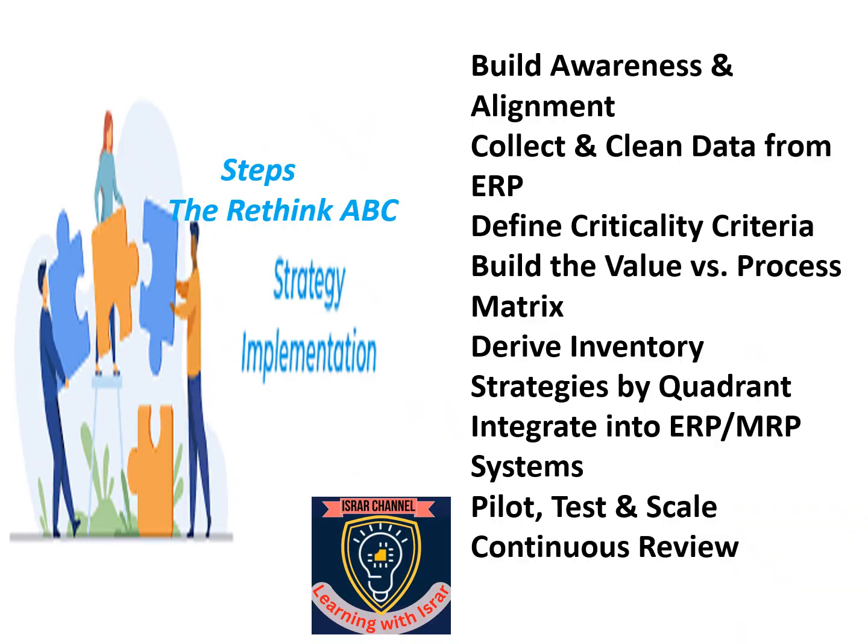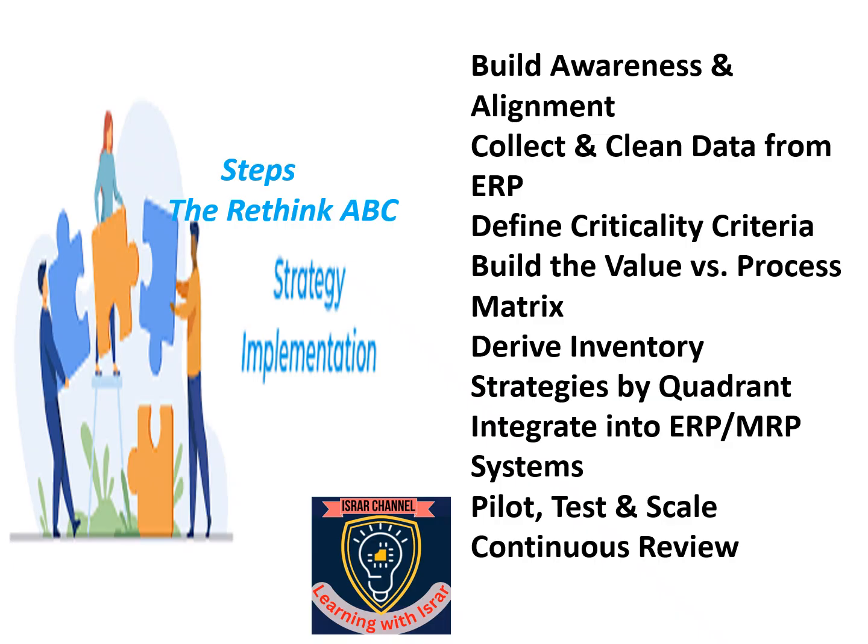Here are the steps you can use in implementing the Rethink ABC method. Build awareness and alignment, collect and clean data from all your sources including ERP, define criticality criteria, and then build the value versus process matrix, which we already did.